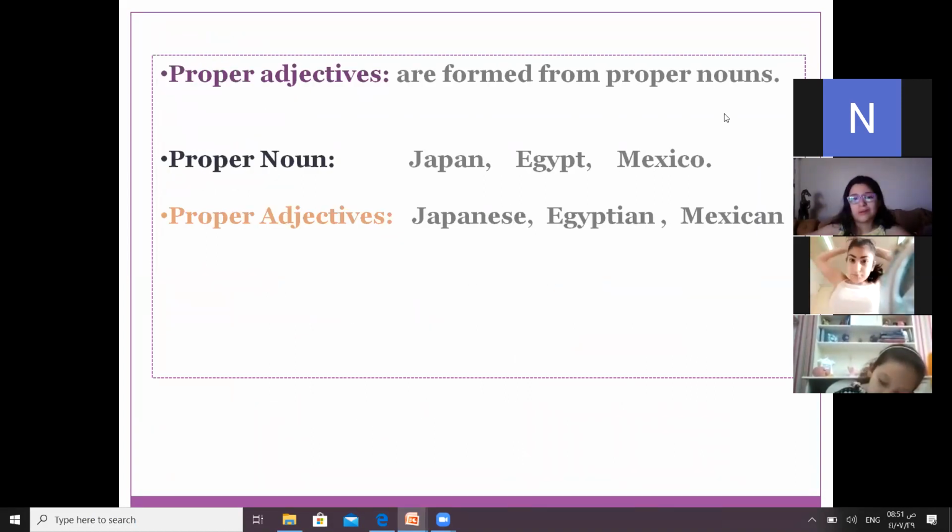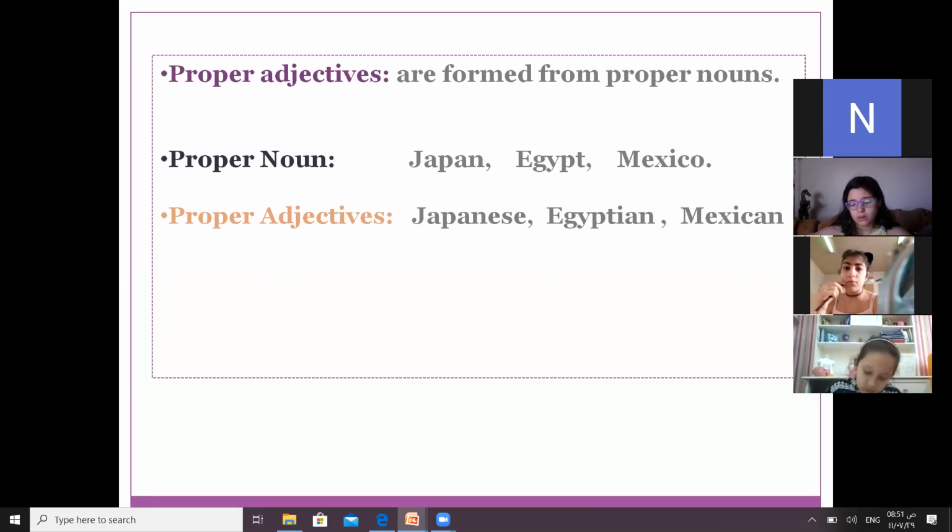Now, let's talk about proper adjectives. Before we talk about the proper adjective, do you remember the proper noun and common noun? What do I mean by common and proper?